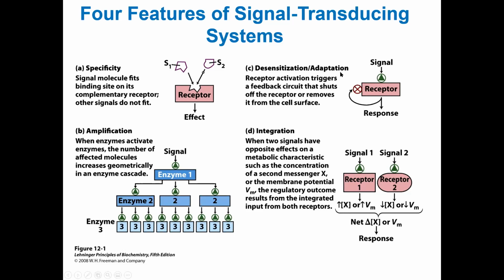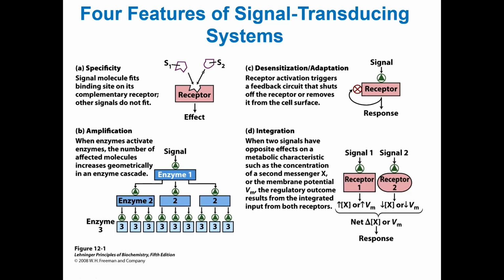Okay. And sometimes the pathway needs to be turned off. For example, let's say the signal was to bring glucose molecules in, but all the glucose molecules already got into the cell. Now the blood glucose level is a standard 5 millimolar.